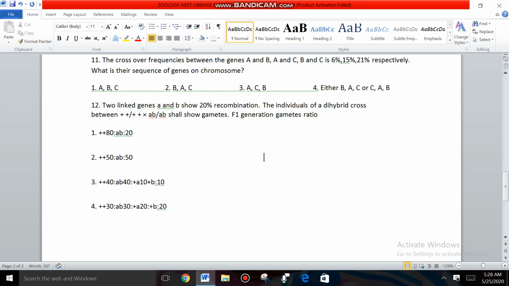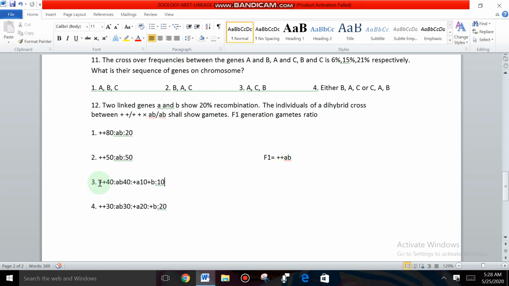I am writing here. You can do it also, right? F1 gametes: plus AB. This is the F1 generation, progeny, not gametes. From this, what are the gametes? Plus plus one gamete, AB one gamete, plus A one gamete, plus B one gamete. Okay, 4 different varieties. So what is the ratio? Maximum parental varieties are formed.